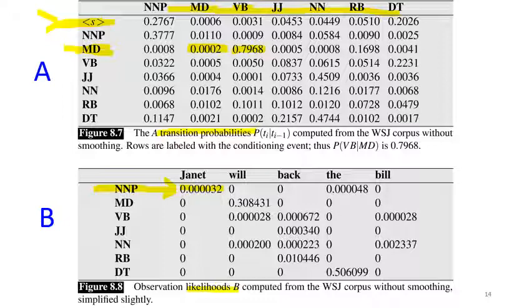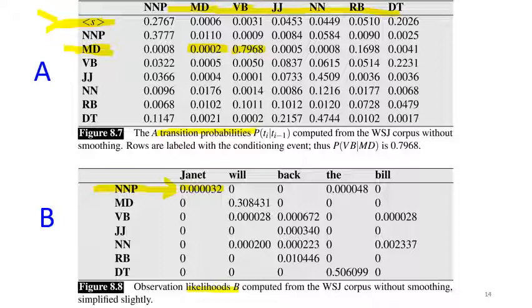Of course, it is very small because you have so many proper nouns, and Janet is only one of them. Remember, proper nouns can be something like England, Congress, Rachel, Richard, Janet, and whatever.